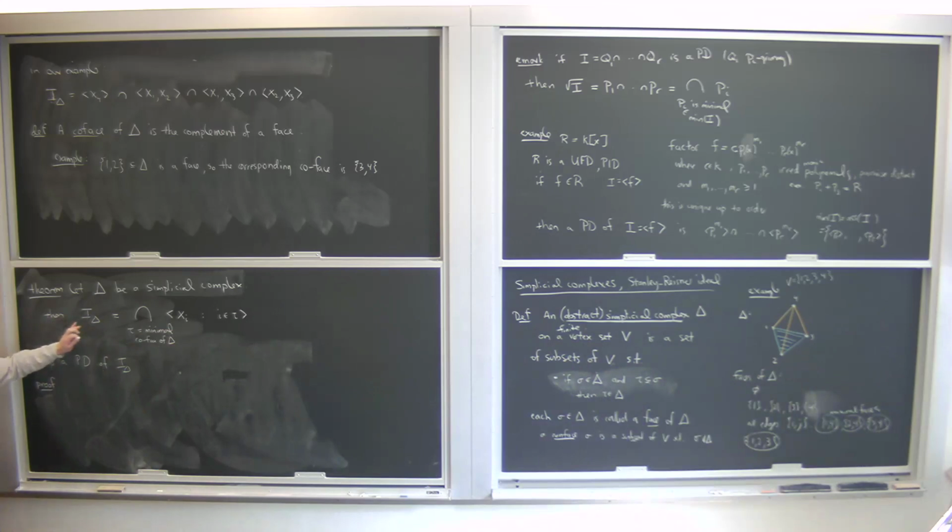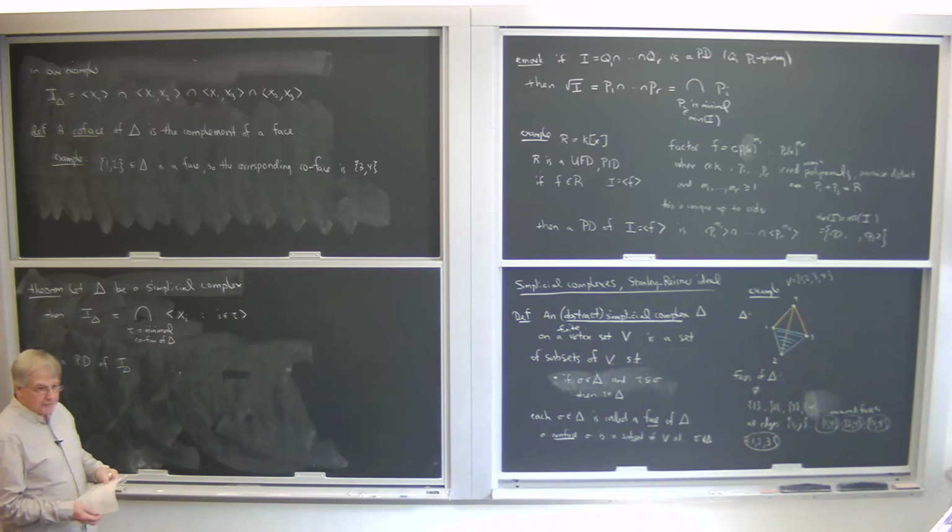But there's a way of using the primary decomposition facts to prove this, and I think it's a very straightforward proof. Let's see if you agree, and that gives it to you directly.